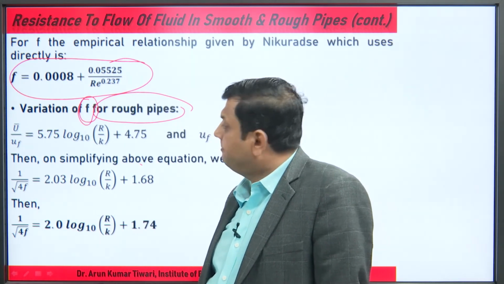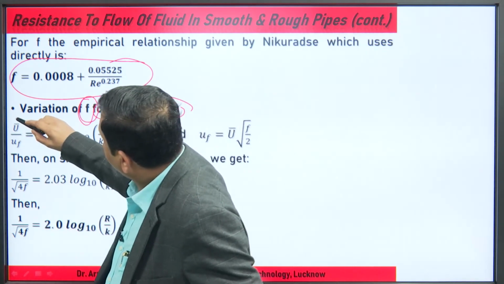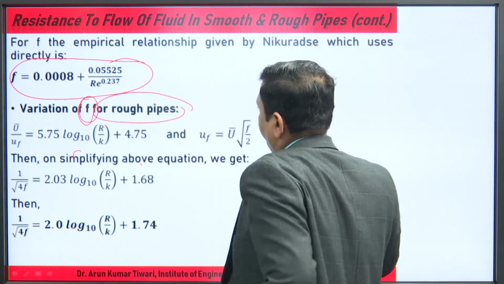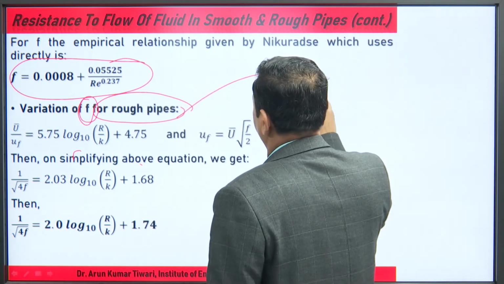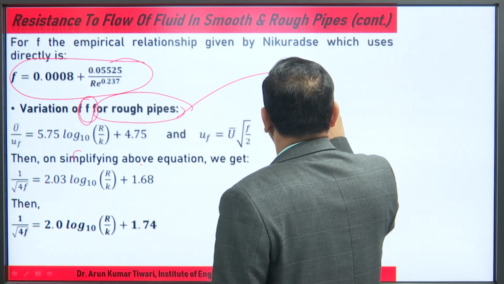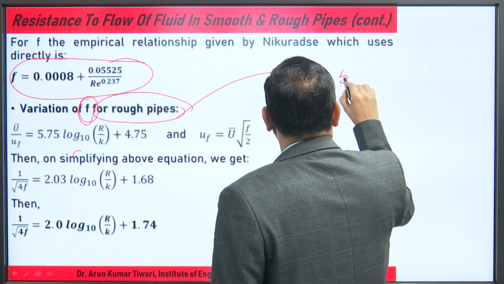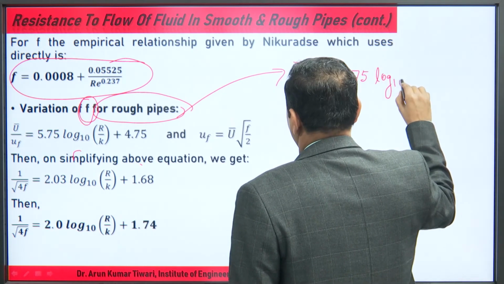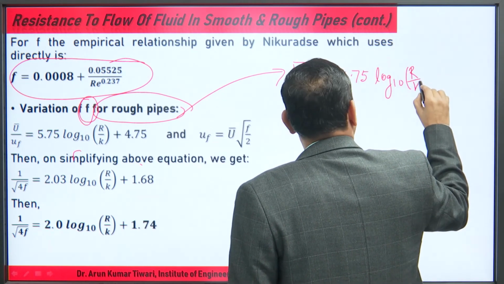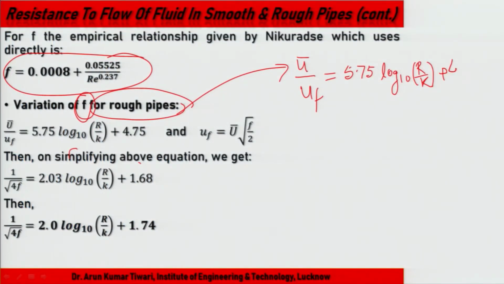If you see the rough pipe variation, just see the rough velocity distribution. For the rough pipe, we can write the equation: average velocity upon shear velocity equals 5.75 log 10 R upon K plus 4.75, which is already derived. Before that, we can write it in terms of the average velocity and f by 2.